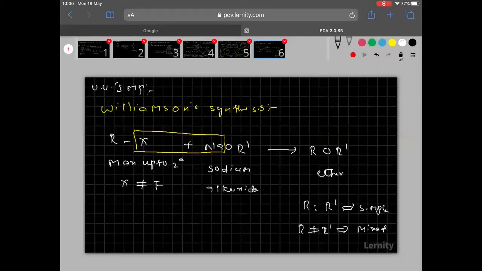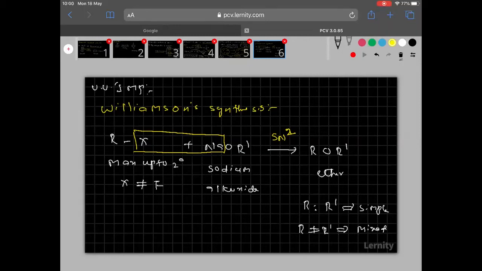And one important thing, Williamson synthesis will follow the SN2 mechanism, remember. Hope you are able to understand this one.